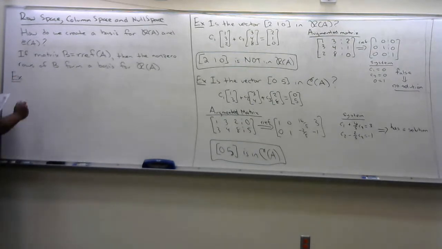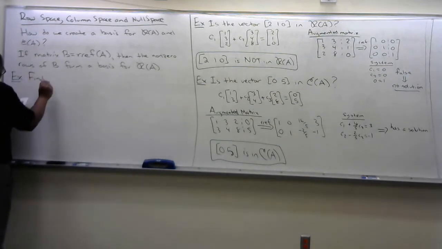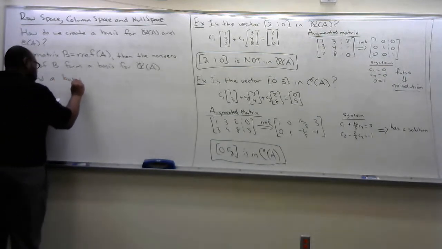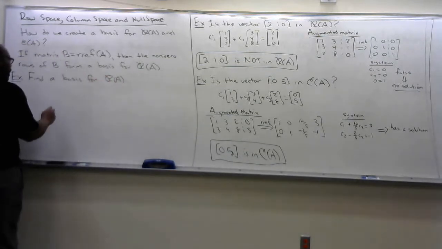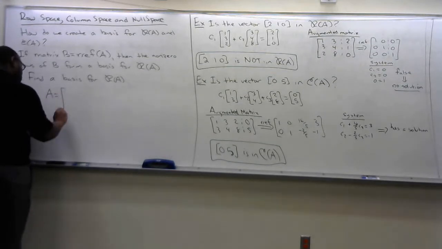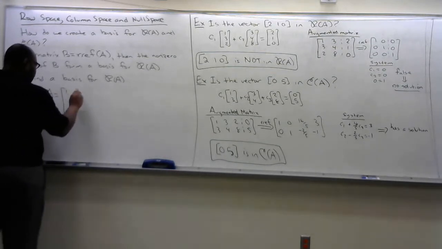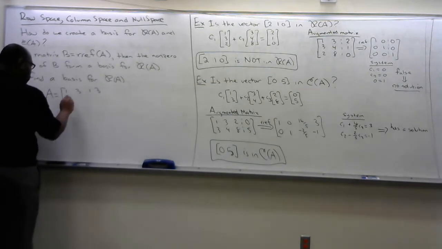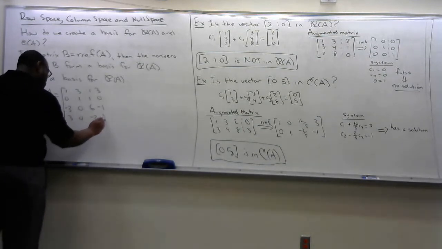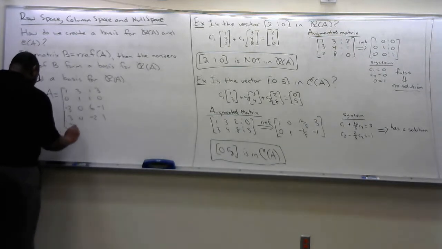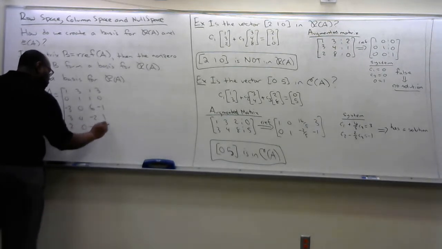So we're going to find a basis for the row space of A, where A is equal to 1, 3, 1, 3, 0, 1, 1, 0, negative 3, 0, 6, negative 1, 3, 4, negative 2, 1, 2, 0, negative 4, 2.